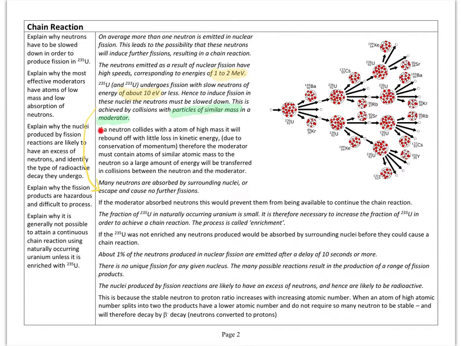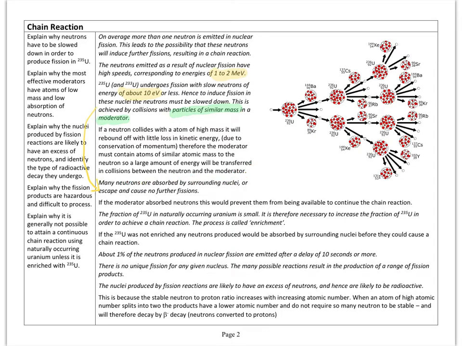So we talk about this here. If a neutron collides with an atom of high mass, it will bounce off with little loss in kinetic energy due to conservation of momentum. Therefore, the moderator must contain atoms of similar atomic mass to the neutron, so a large amount of energy will be transferred in collisions between the neutron and the moderator.